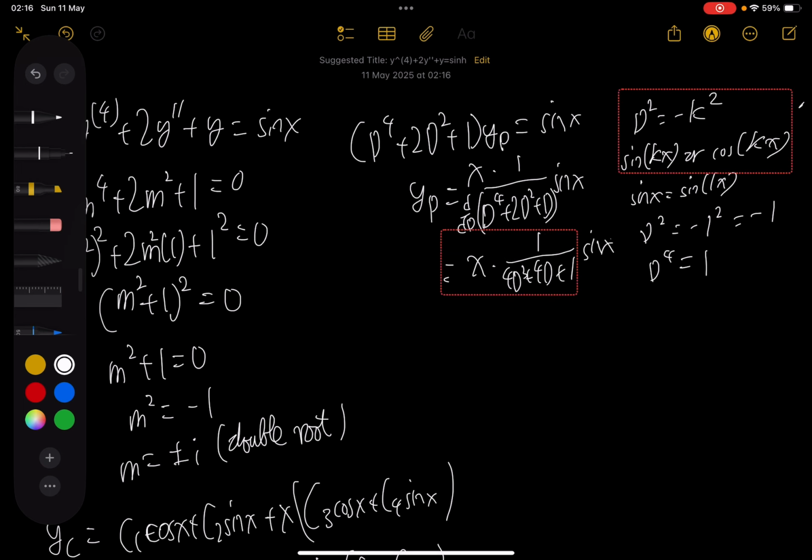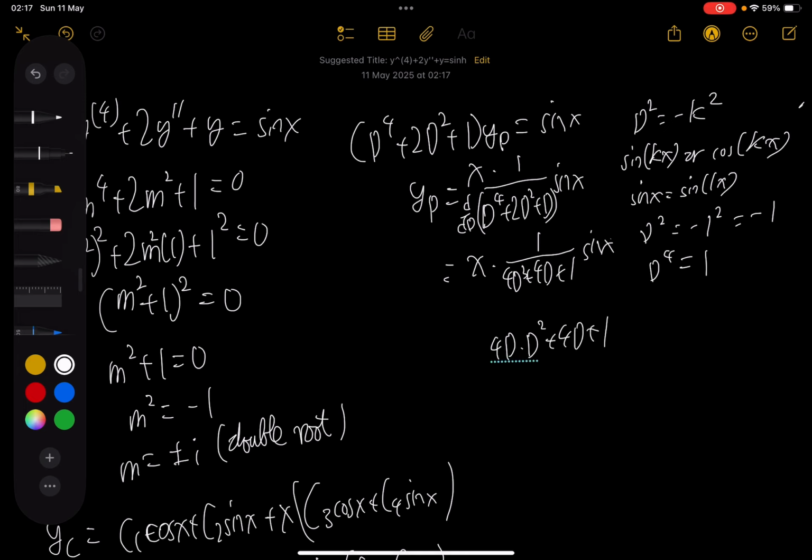Whenever we put in, wait a minute, because this is D cubed, we can write this as 4D times D squared plus 4D, like that.